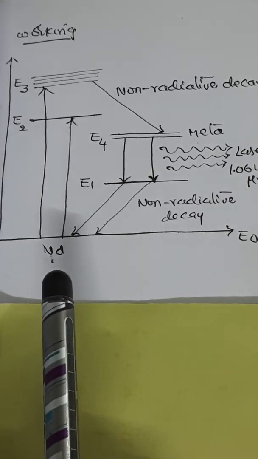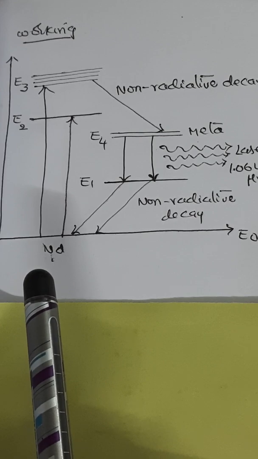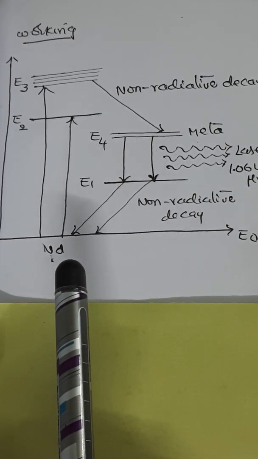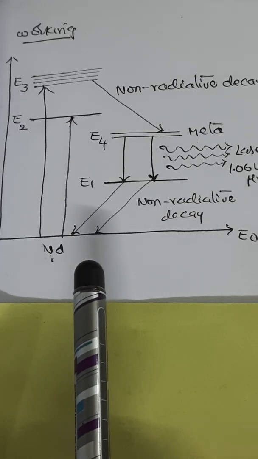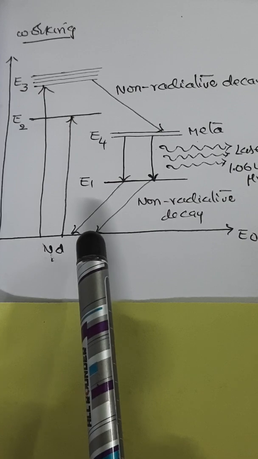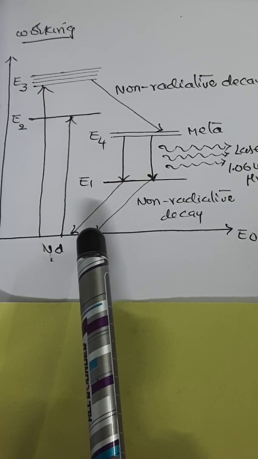The advantages of this are a highly powerful output and a very high repetition rate. It is much easier to achieve population inversion in the Nd:YAG laser. Because it is a crystalline material, the line width is very small, and therefore it has lower thresholds.